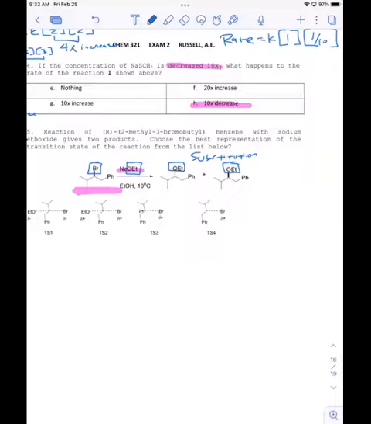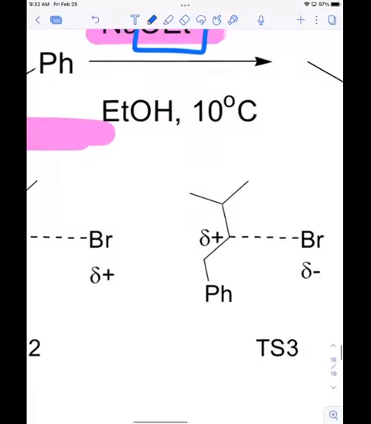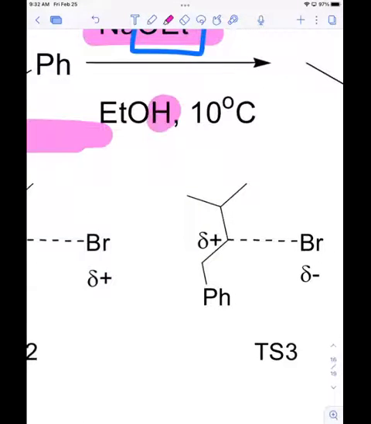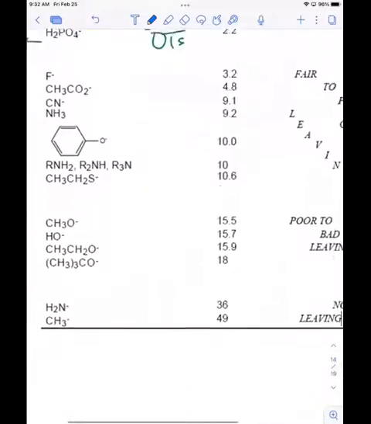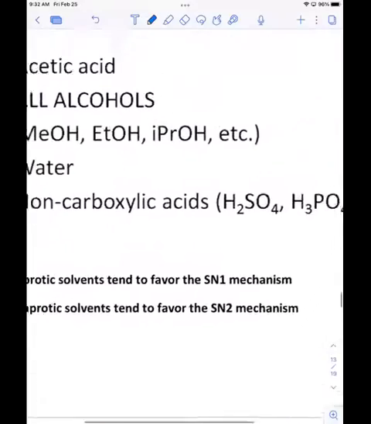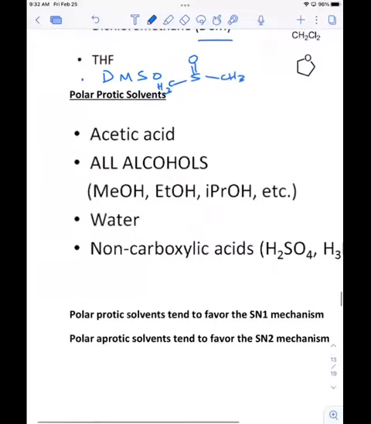Because the solvent is a product. Ethanol, anytime you see a solvent with a hydrogen on it like that, an alcohol, it's protic. All alcohols are protic. Let's go back to the list. So these are all your protic solvents right here.